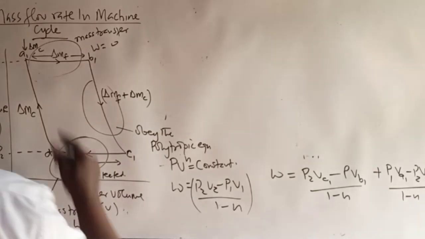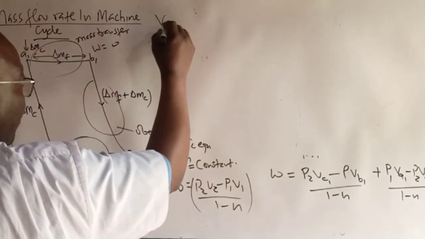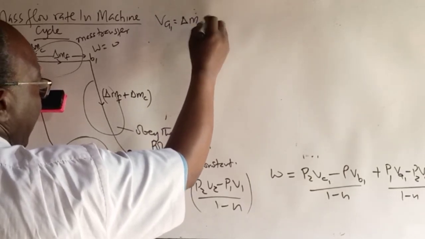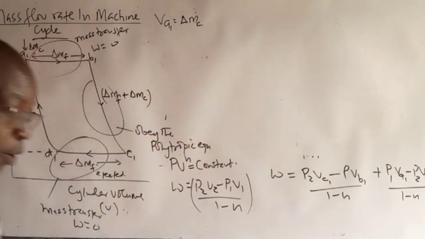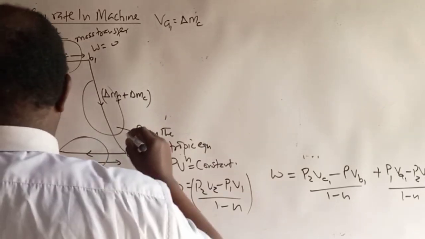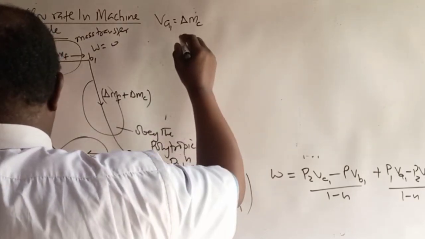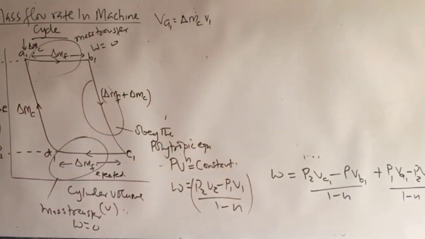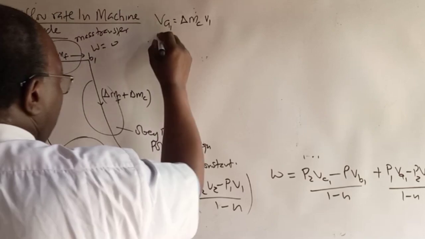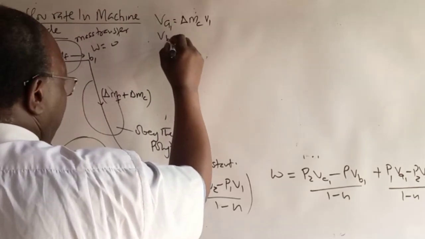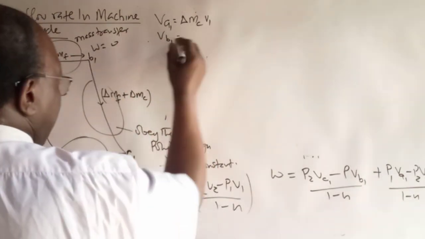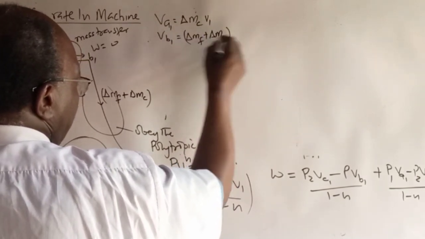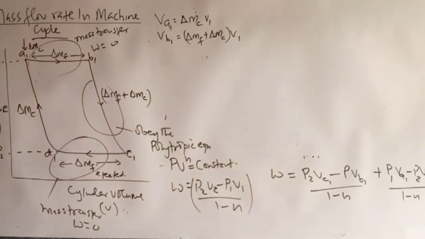Now, the specific volume at VA1 is given by the mass of that fluid which occupies the clearance volume times V1, you have pressure 1. And for the state point VB1, it is given by the mass of the fluid plus that of the clearance volume times the volume at pressure 1.